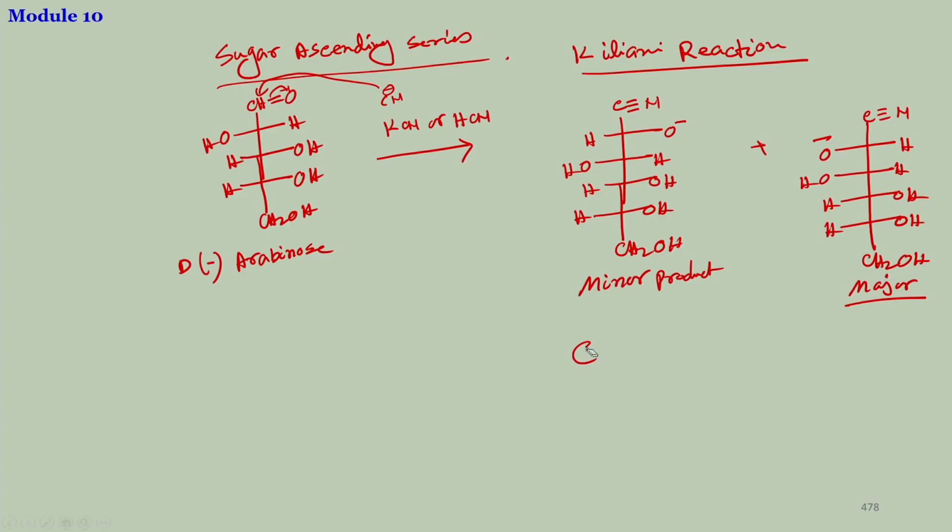I will write it here. So, according to Cram's rule, this should be the major product, and obviously O minus would become OH. So, what you basically have now is this as a major product.